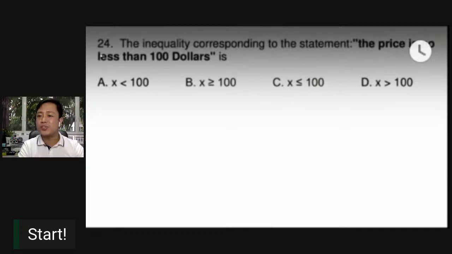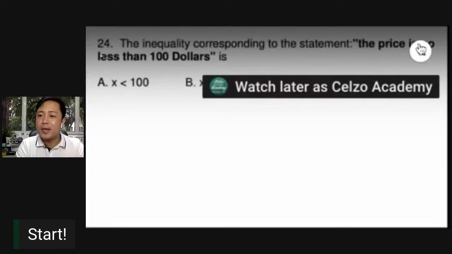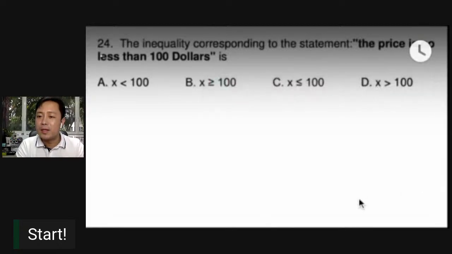Here's our next question. The inequality corresponding to the statement, the price is no less than $100, is. So this should be an easy question.